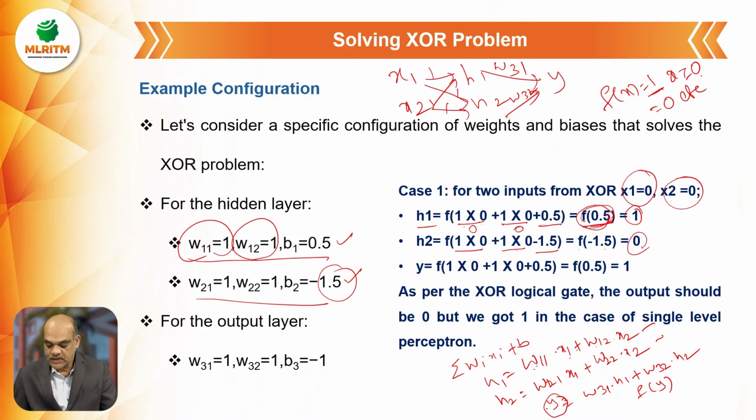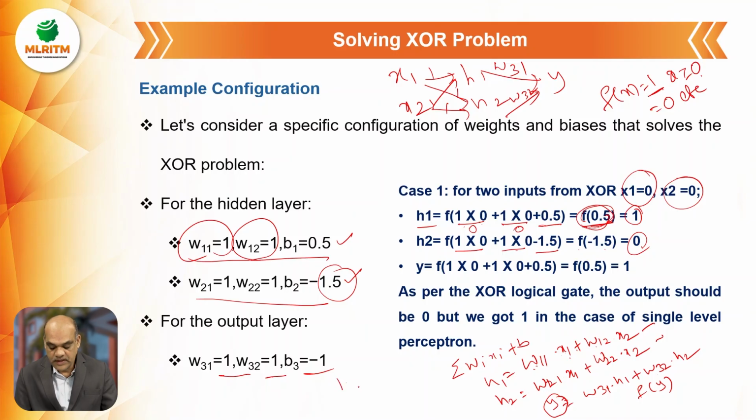Now, we'll try to calculate Y here. W31 into H1 plus W32 into H2. W31 is 1, W32 is 1, and bias is minus 1. What do we need to calculate here?